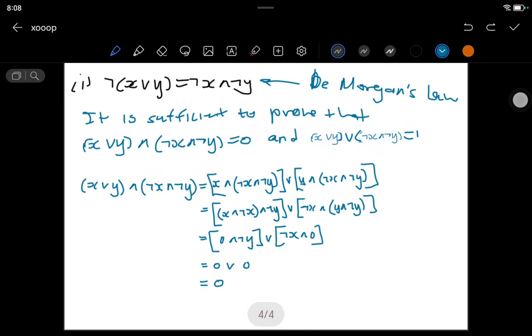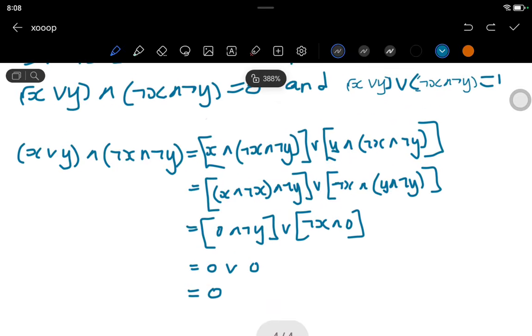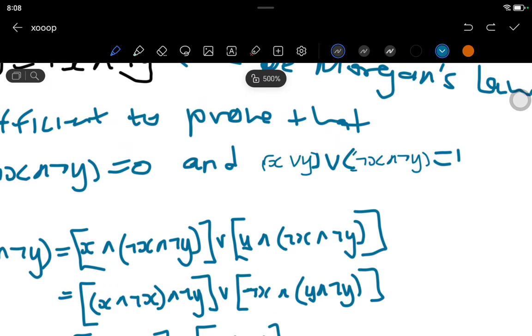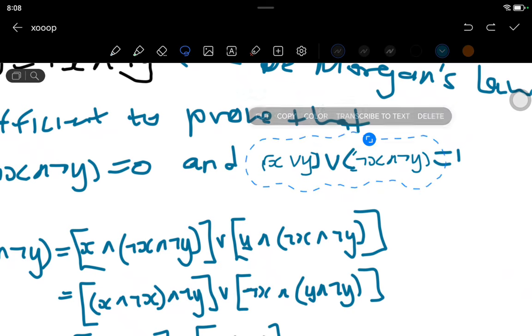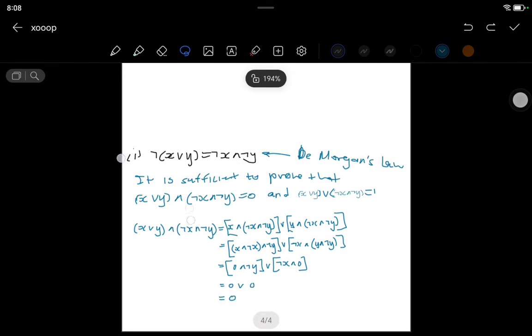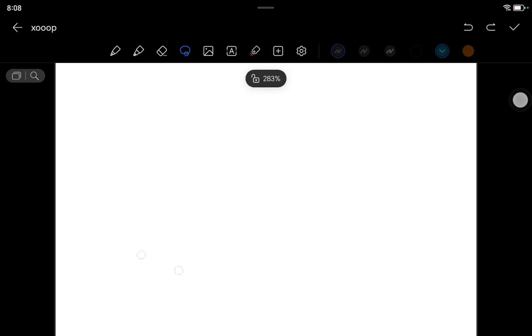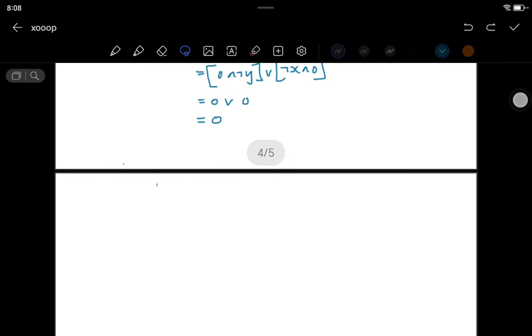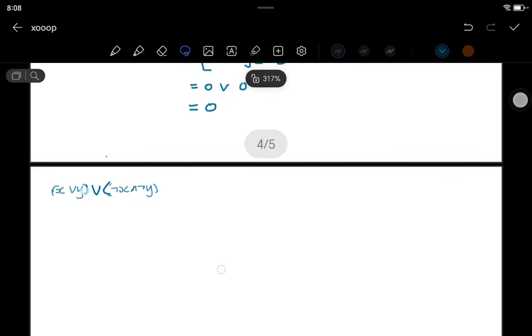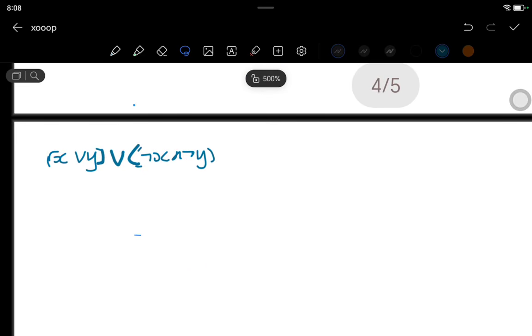Now we prove when it's or. Let's just pick the left hand side. We check if we're going to get 1. Let's see which side is the correct one to distribute. If we distribute in this side, the signs won't be the same.